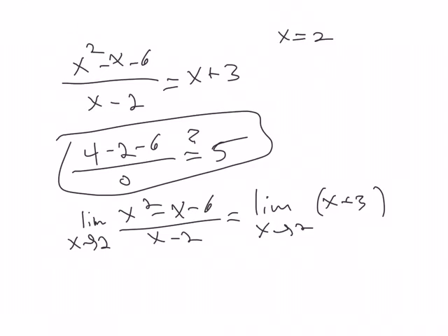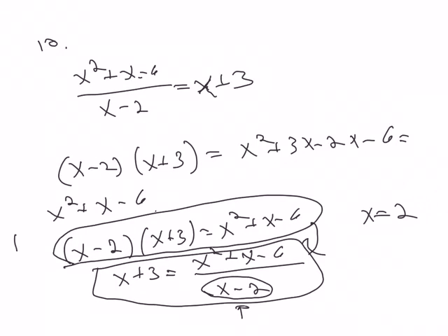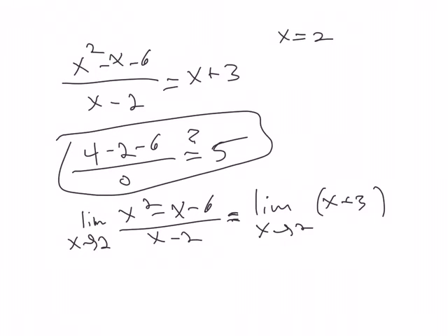You're taking the limit, getting closer and closer to 2 but never actually touching it. So this limit should equal this limit, which is 5.